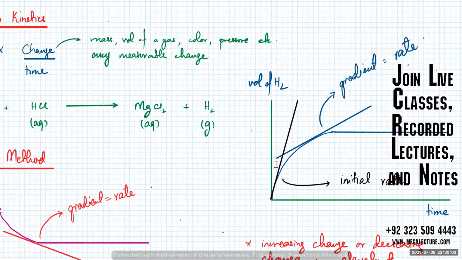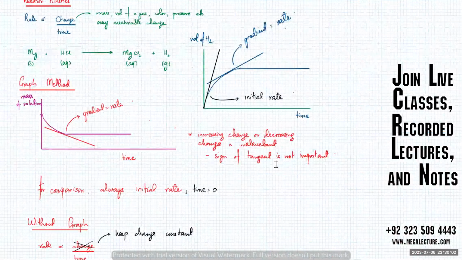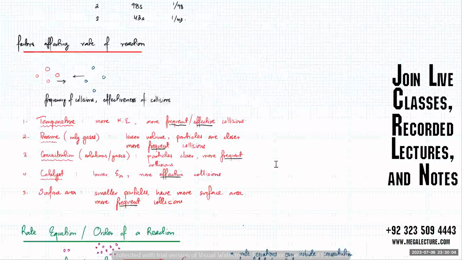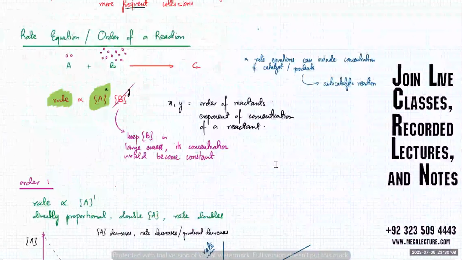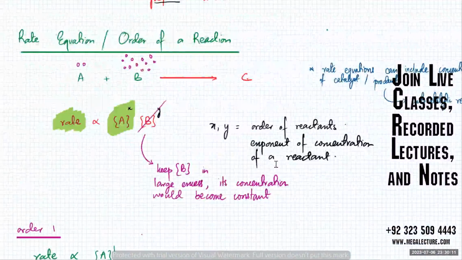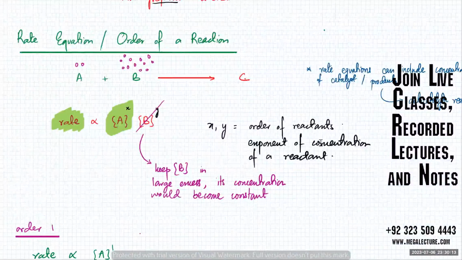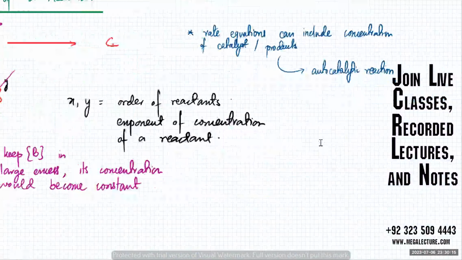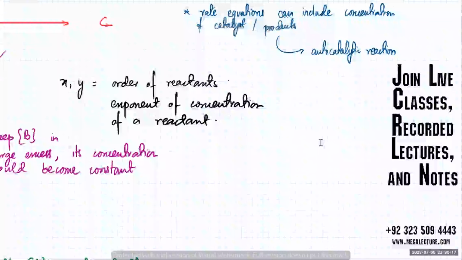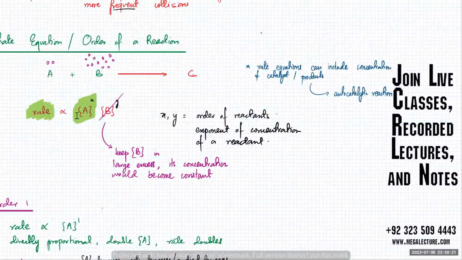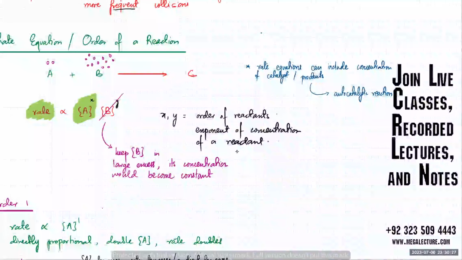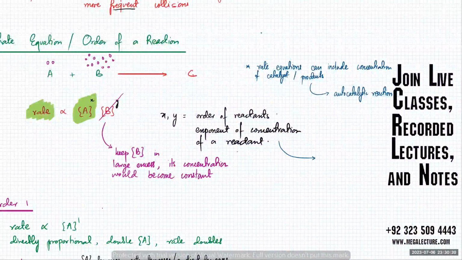Initially, we did talk about orders, right? I told you that X and Y were the order of the specific reactant: how does the rate depend on A, and how does it depend on B? If they talk about the order of a reaction, that's the sum of the two orders.